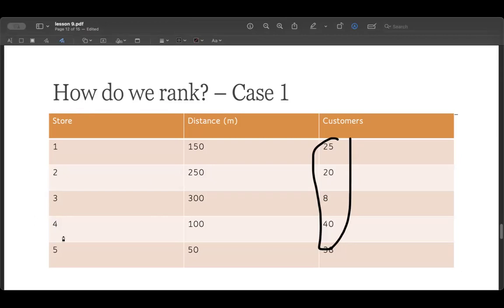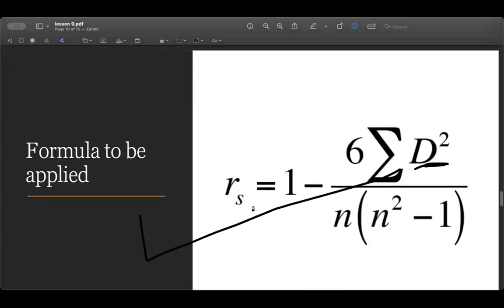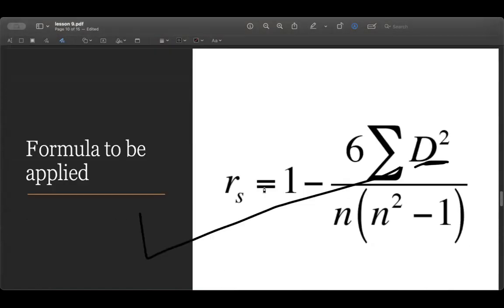They have put it as 1 2 3 4 5, and I am also using 1 2 3 4 5. That is the first step. Once we have this, we have converted the values into ranks. Then we find the differences between the ranks, square the differences, and sum it up.